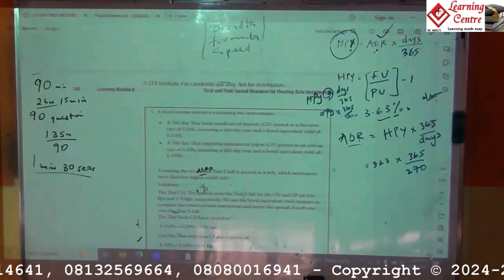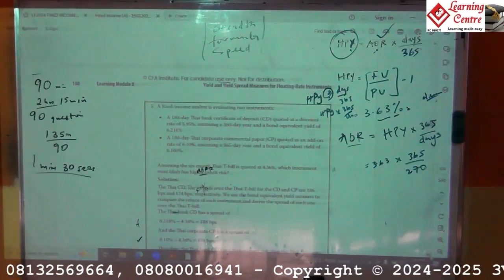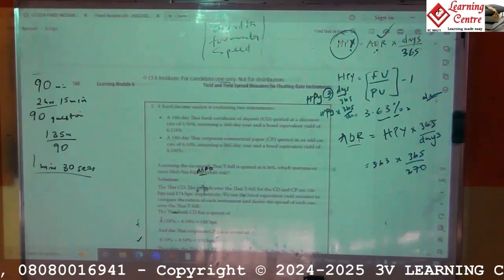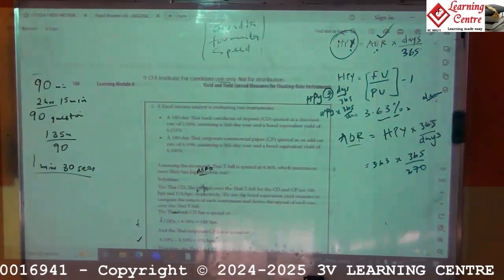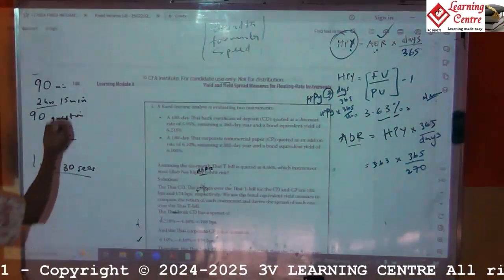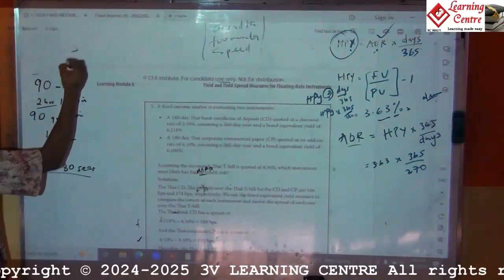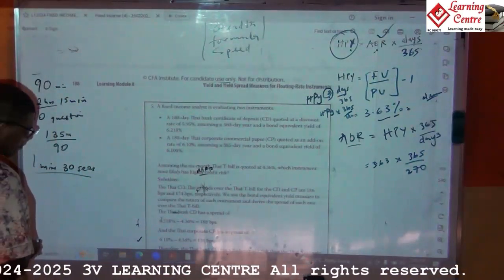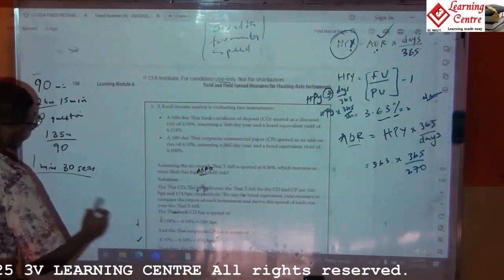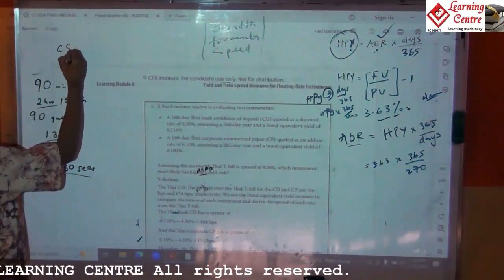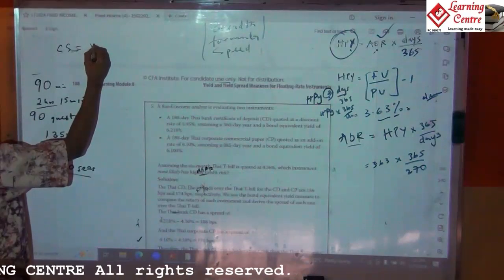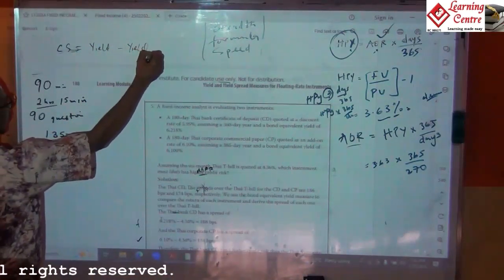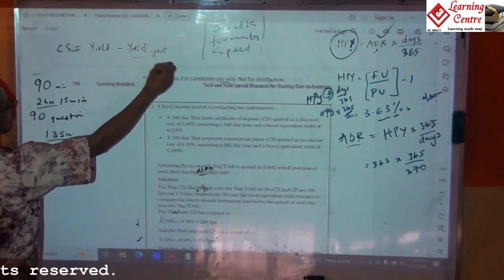So you approach this one by calculating the spread. What is the spread of the first one? 6.28 minus 2.36. Remember our credit spread: the yield on an instrument minus the yield on the government equivalent.